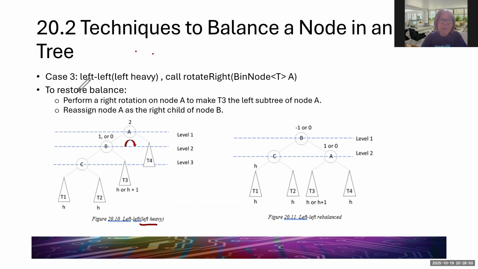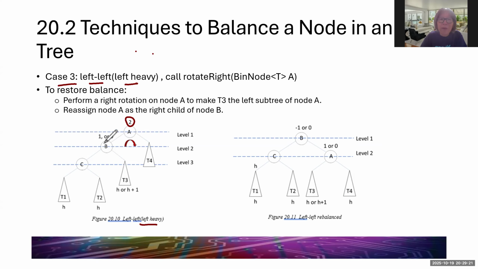Then case 3 is left heavy, and for left heavy, the first case is left-left. Similar to the right case, node A is unbalanced. The balance factor is 2. That means its left subtree's height is larger, deeper than the right subtree.